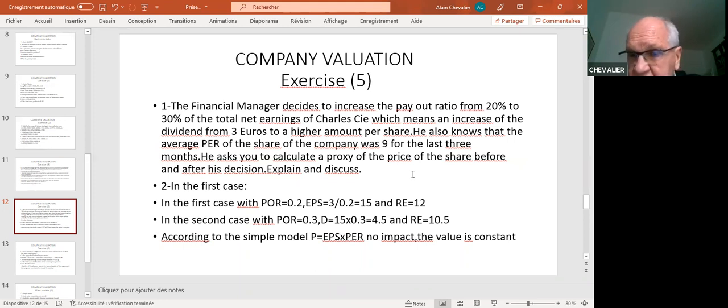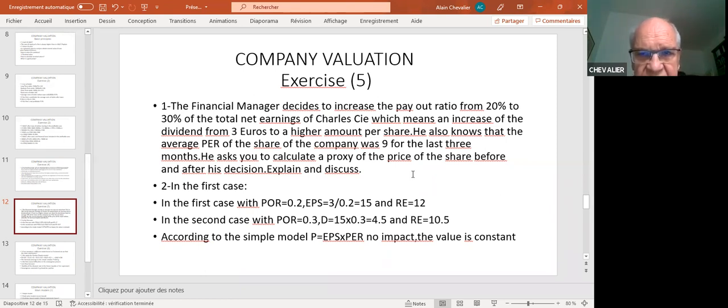You remember what a payout ratio is? I already explained that. It is the percentage of net earnings or net earnings per share distributed in dividend and dividend per share. Here, the payout ratio was 20%, and it was increased, and now it is 30%.